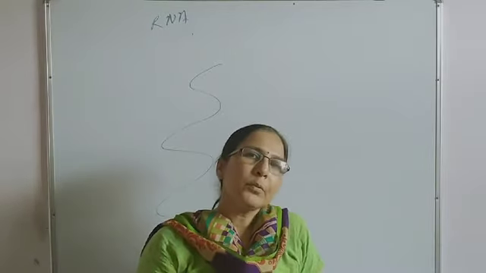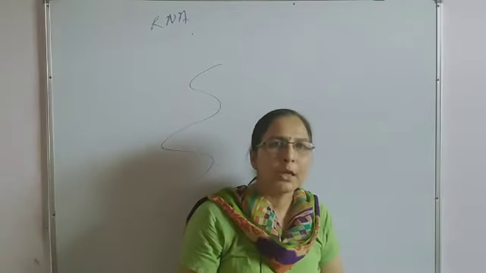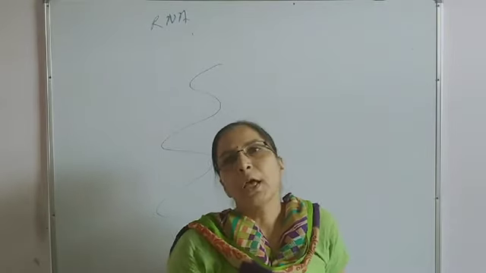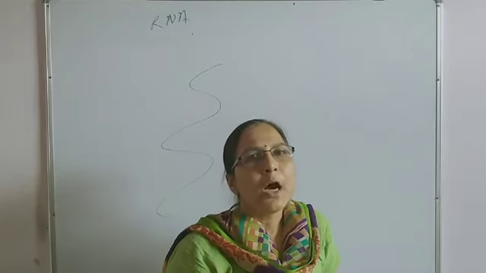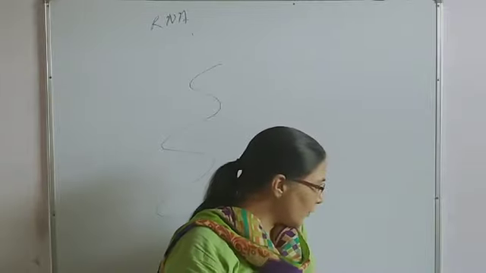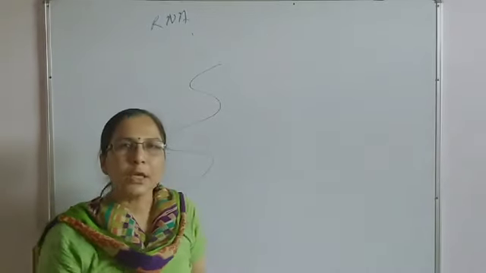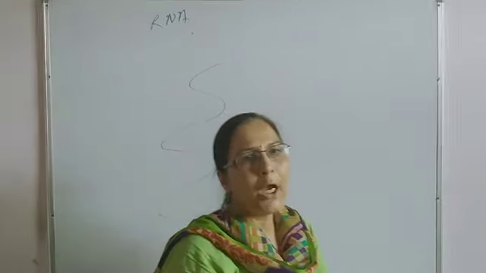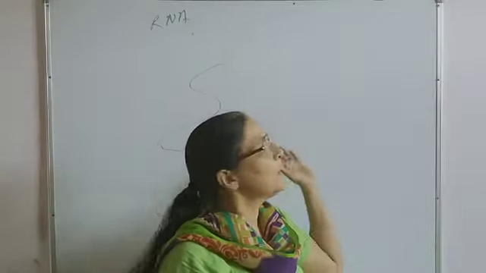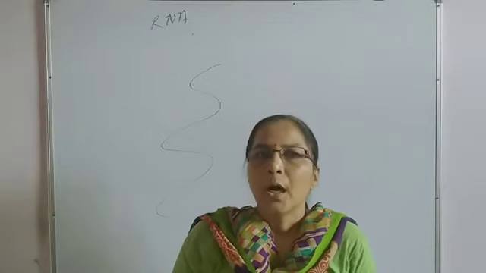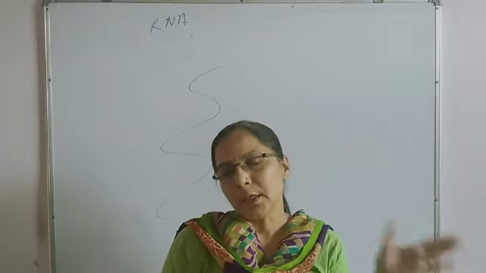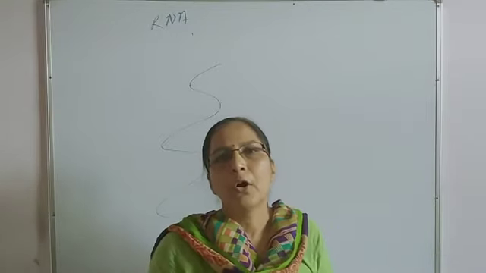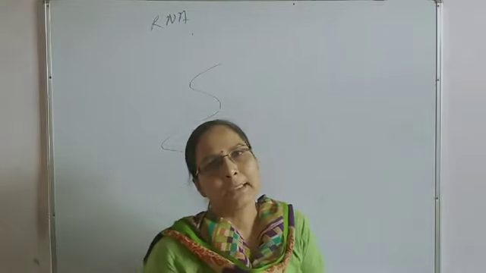For synthesis of protein, there are three types of RNA: messenger RNA, mRNA; ribosomal RNA, rRNA; and one more, transfer RNA, tRNA. That much detail is here, and in our content we have compared the structure of RNA and DNA. That's all about nucleic acid. Thank you.